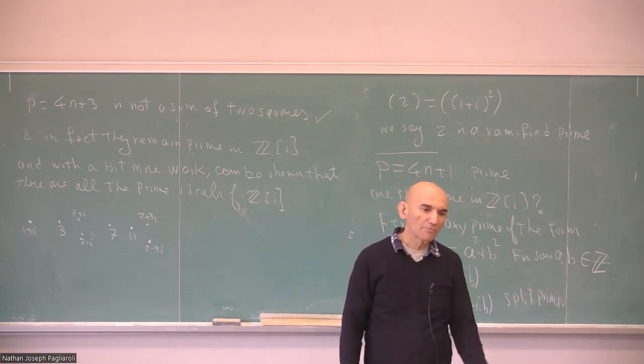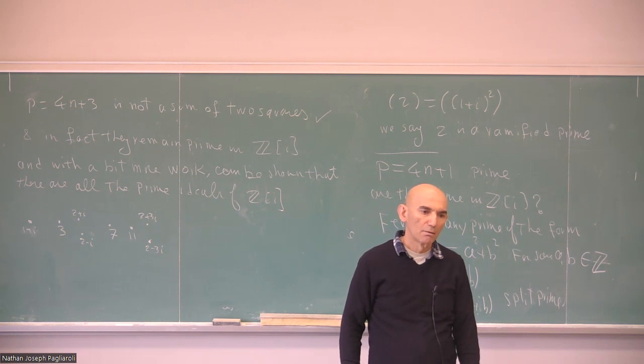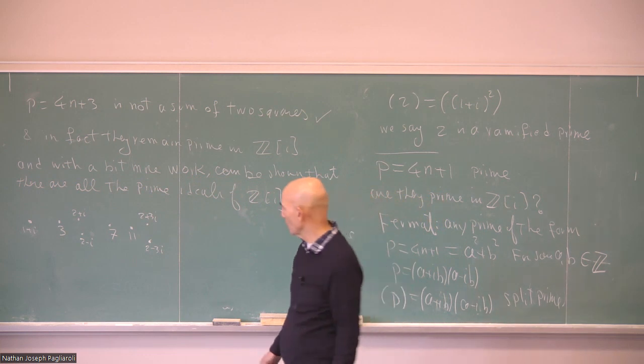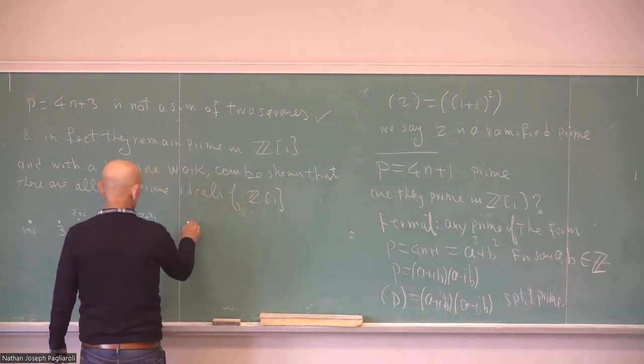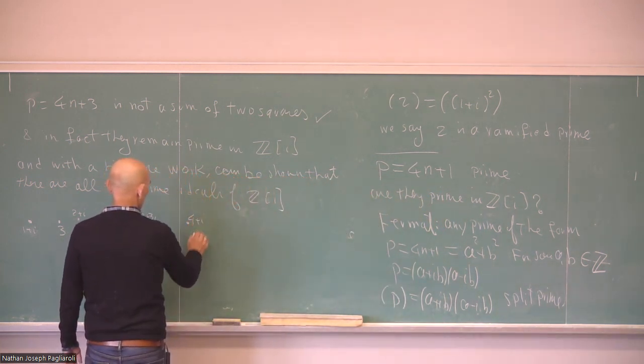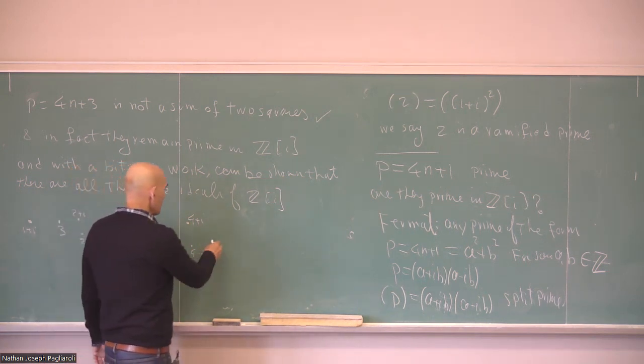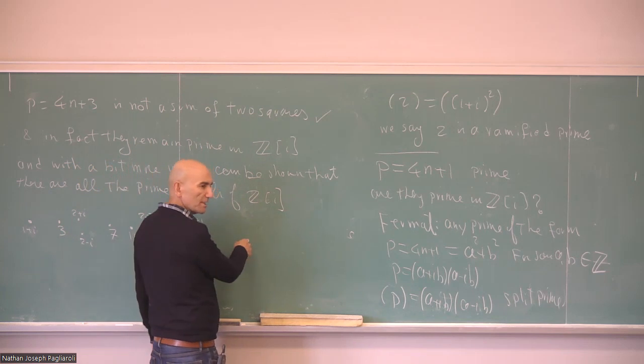Well, how about 4 plus i and 4 minus i? Okay, so this is the situation in Z[i].